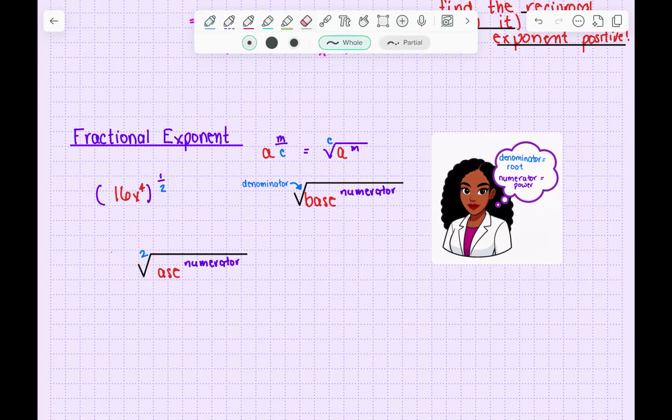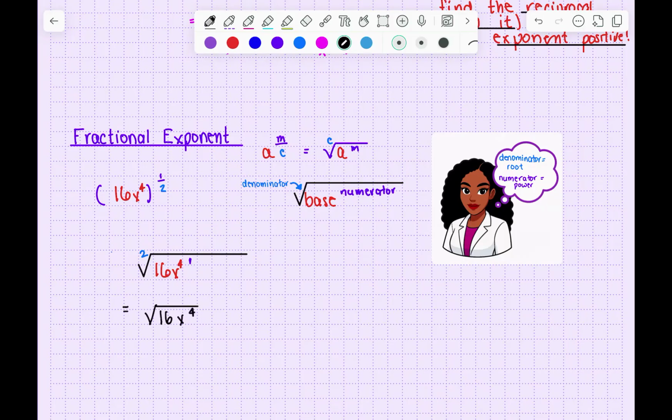When I finally simplify this, I won't write the 2, it's just implied you're finding a square root. The base is 16x to the power of 4, and the numerator is just 1. So the simplified version of this is the square root of 16x to the power of 4.